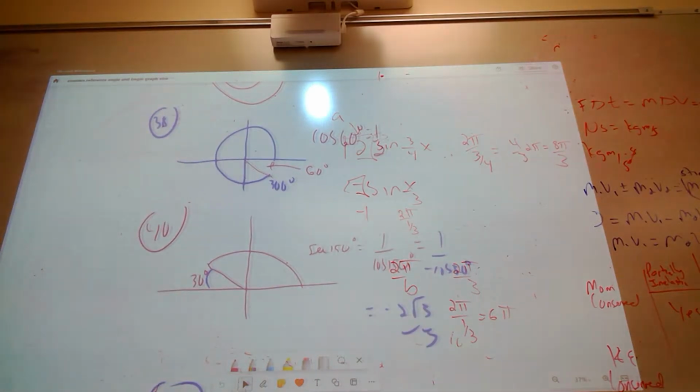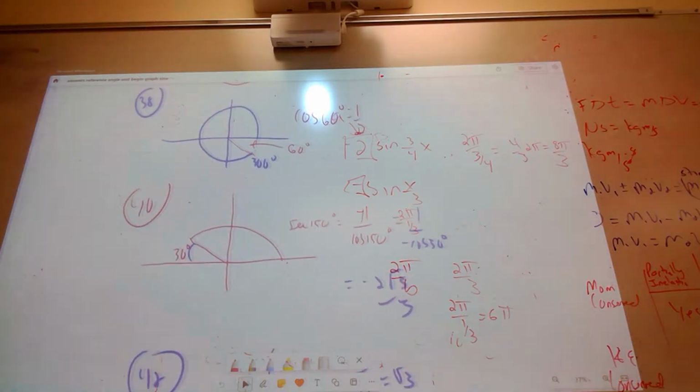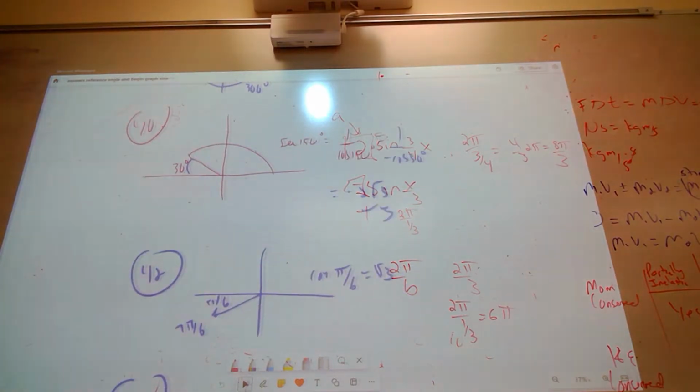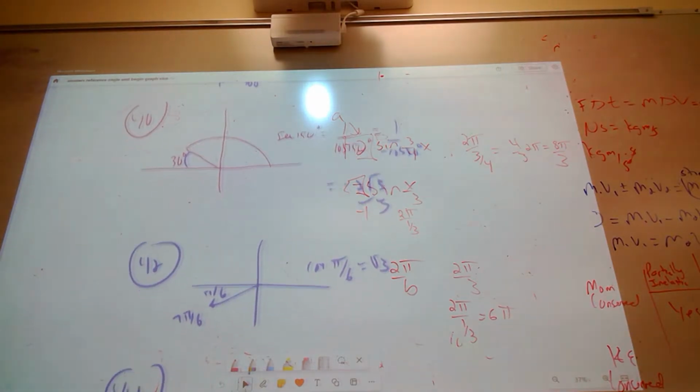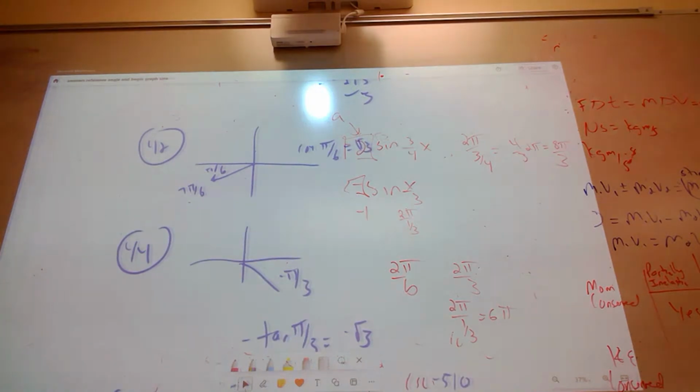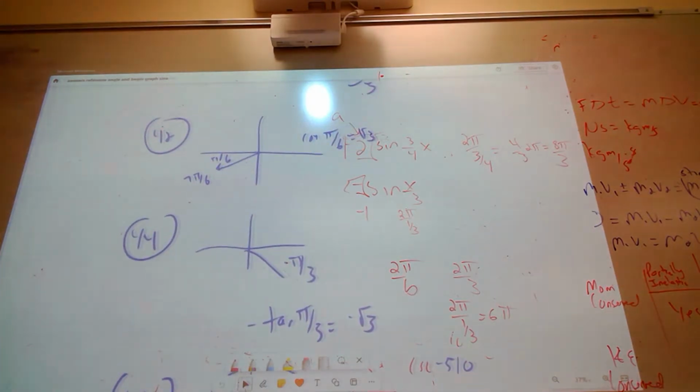42, Jaden? Good. We went 7 pi over 6, so our reference angle is pi over 6. And then it was cotangent pi over 6, which is radical 3. 44, Abigail? Good. Tangent negative pi over 3 was our reference angle.